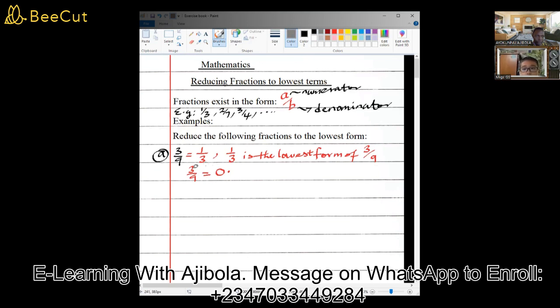Now, how many 9 can I see in 30? That's 3, because 9 times 3 is 27. If I remove that 27 from the 30, what do I have left? I have 3.